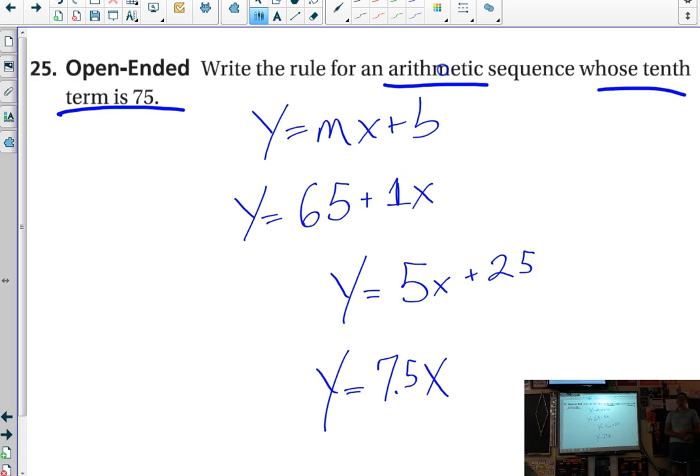I could start at 70 and take steps that are only half, like 0.5x. I could start above 75 and do a negative step. Many, many options here. Anything else from all of chapter 2?